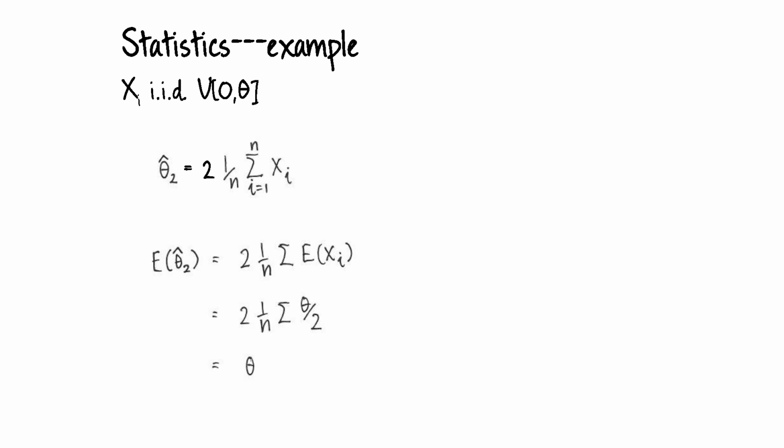We just say, well, the expectation of theta hat is equal to, by properties of expectation, we can pull out the 2 and the 1 over n from the expectation and from the summation. Okay? And then we plug in the expectation of x sub i, which is just equal to theta over 2. Everyone knows where that came from, right? Okay? And then we just do this summation, and the 2's cancel, and we get that this is equal to theta. Okay? So it's an unbiased estimator. So that's a good thing, right?